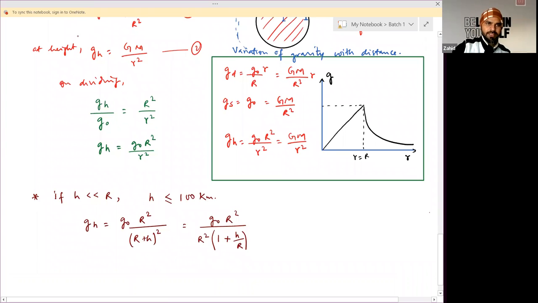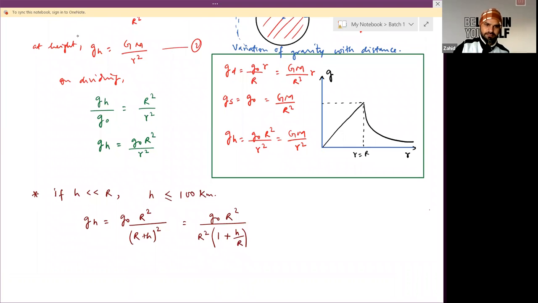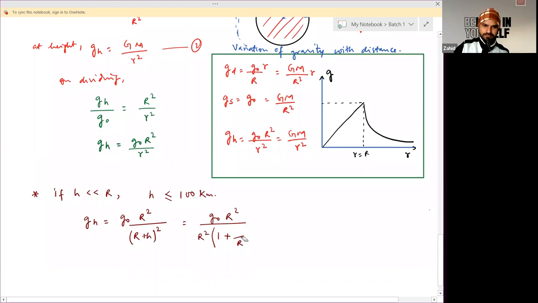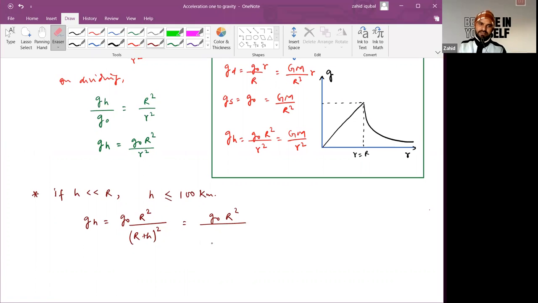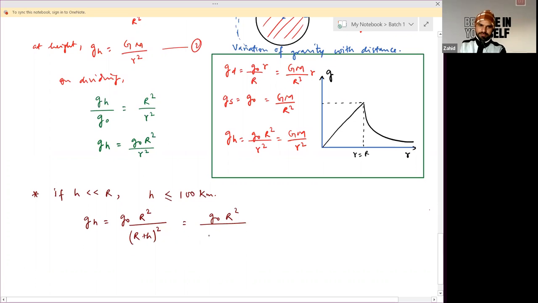Let me explain this part. Since I have to take out R as common, I have just multiplied and divided this term by R. And if you take out common R, it must be squared.